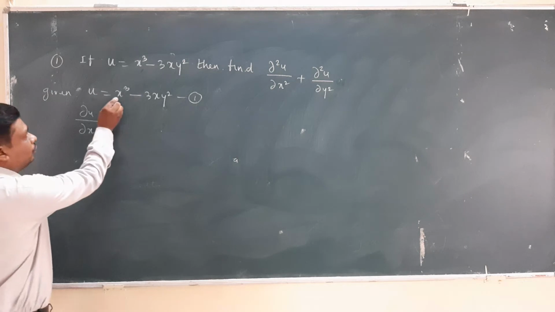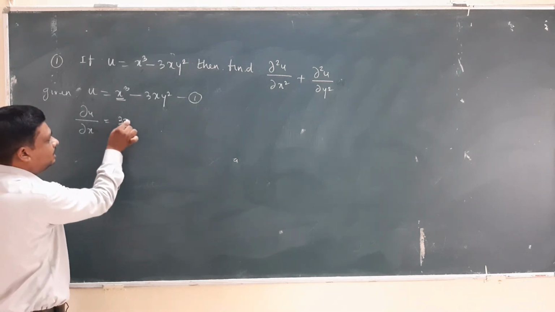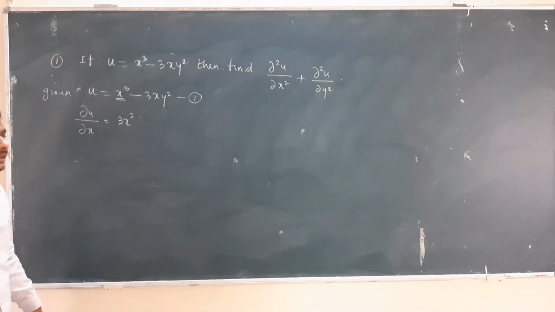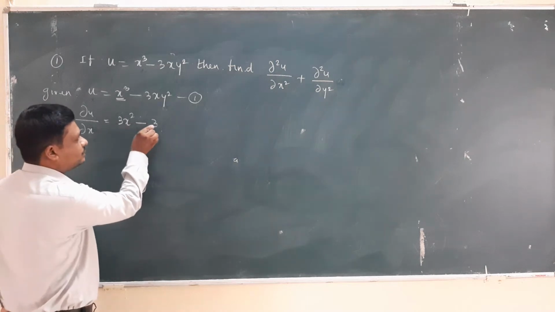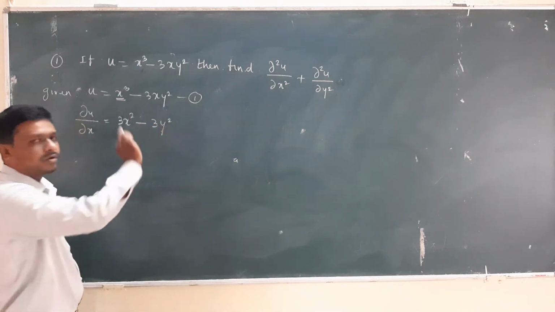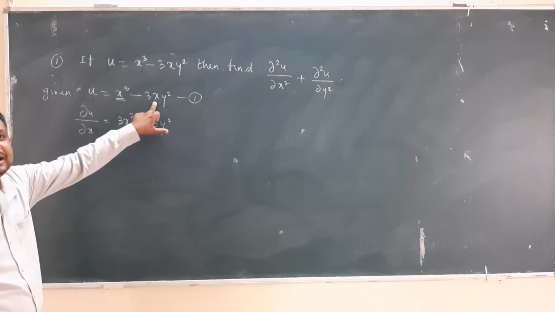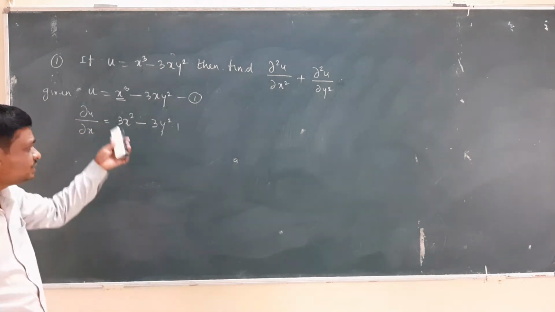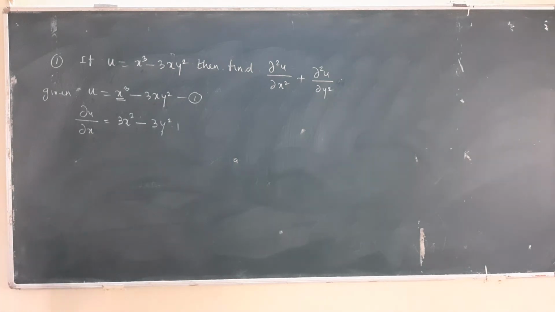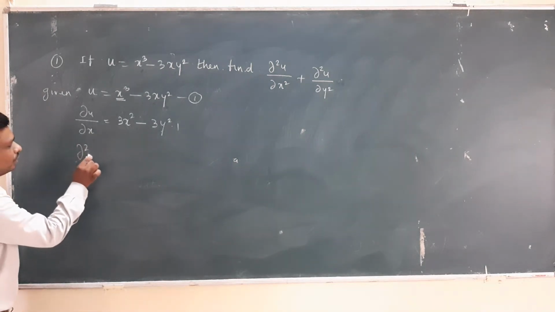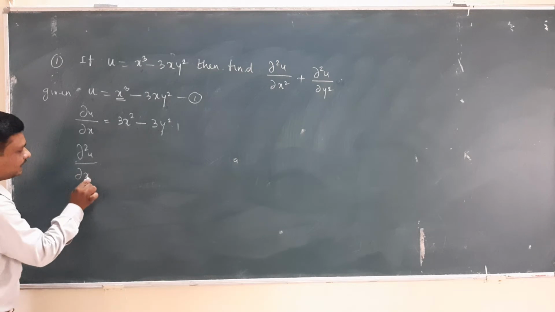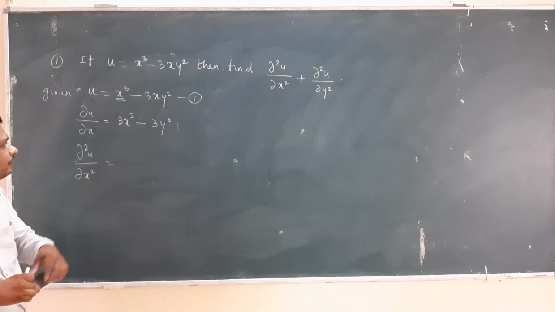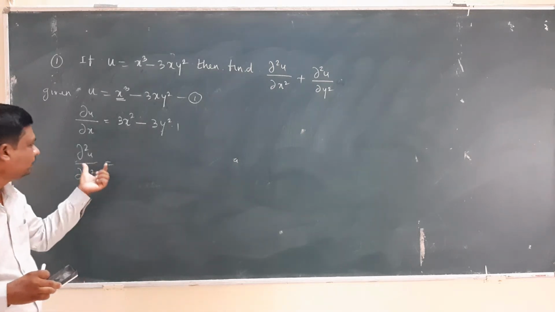So the derivative of x cube is 3x square, minus, here 3 is constant and y square is constant, so remaining is x, and the derivative of x with respect to x is 1. This is the first derivative. Now again I will go for one more derivative, dou square u upon dou x square, so again I will differentiate this partially with respect to x.